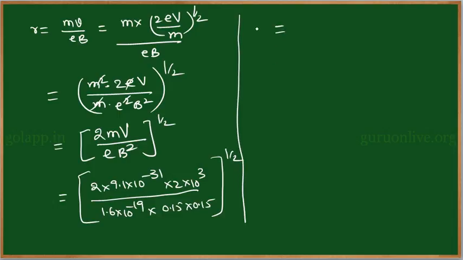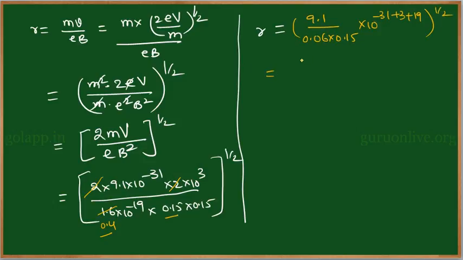That is equal to 2 into 2 is 4, 4 into 0.4 is equal to 1.6. I am writing the integral part in one place: 9.1 divided by 0.4 into 0.15. So 0.06 into 0.15 into 10 to the power of minus 31 plus 3 minus 19, whole to the power of half.